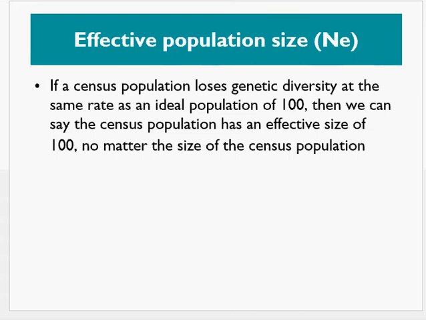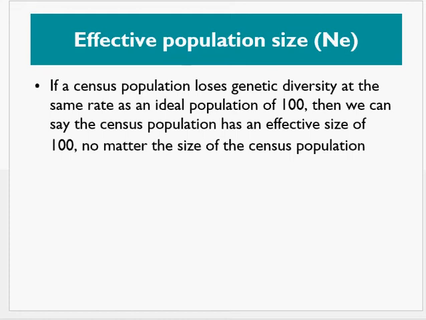What matters in terms of effective population size is the number of individuals which actually contribute to the next generation. So if your census population is the same as that population which contributes to the next generation, then all well and good. But it's quite often not the case.